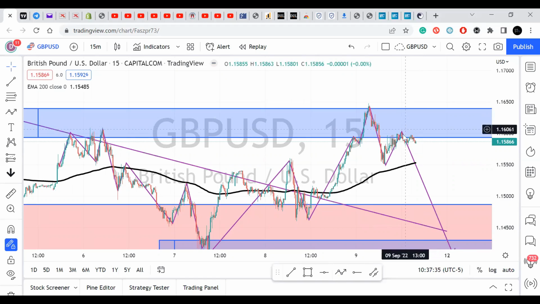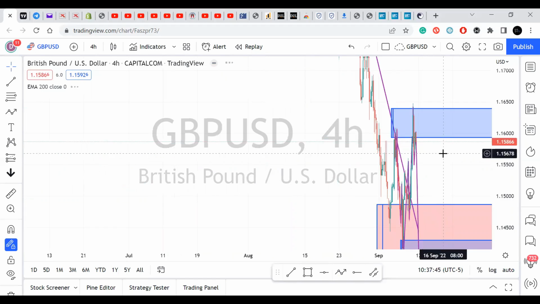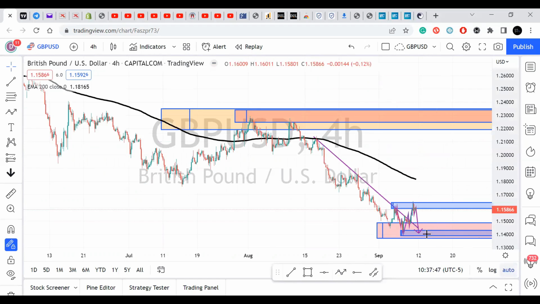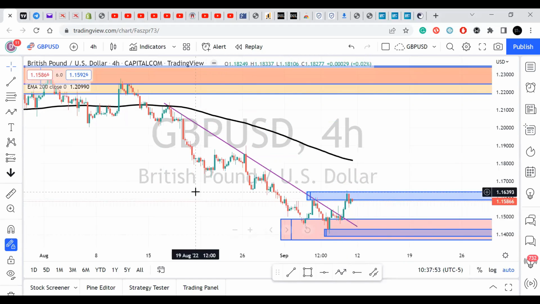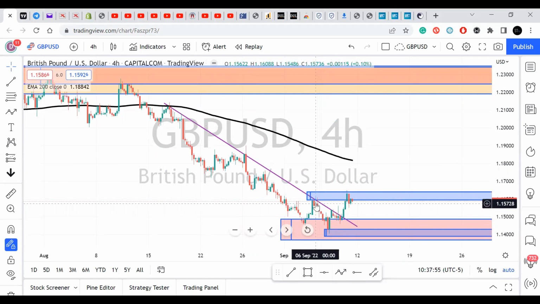So I bought on Friday. I bought this on Friday because I was looking at it from this angle, from H4. On Friday, I was looking at it from the angle of this structure has been broken. So price came to test here.